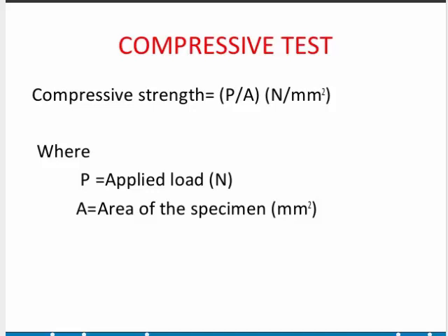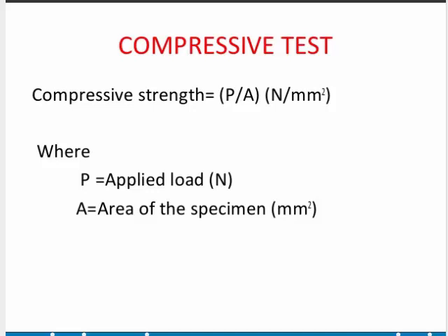So students, how are we going to calculate the compressive strength? Compressive strength will be equal to the load divided by the area. So the load, how are we getting this load? We are getting this load from the CTM value, the maximum load at which our concrete fails or the cube crushes.